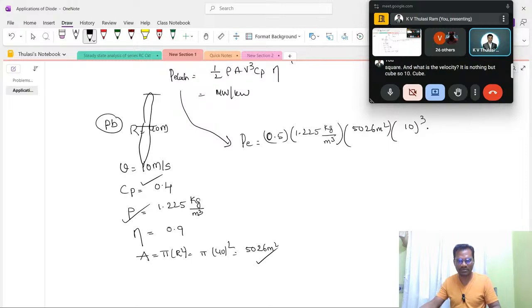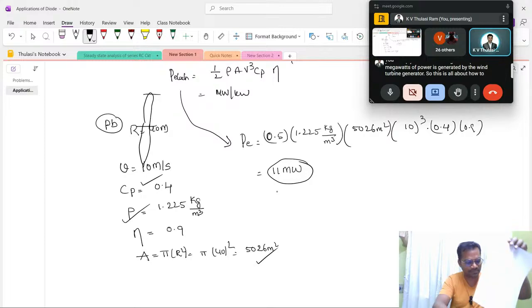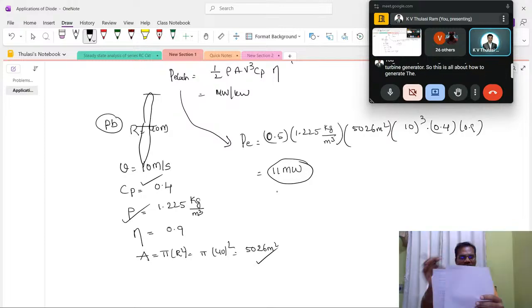What is the Cp value? 0.4 into 0.9. When you multiply it, the rating of this plant is 11 megawatts of power generated by the wind turbine generator. So this is all about how the wind turbine generator generates power.